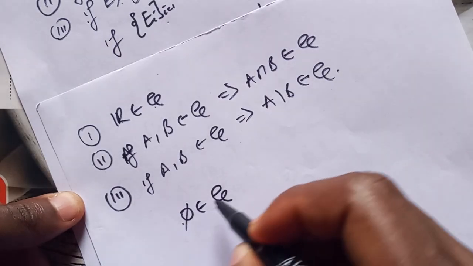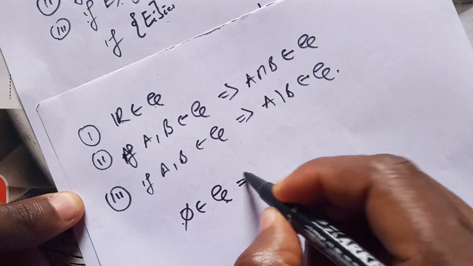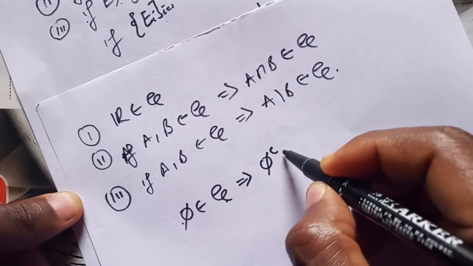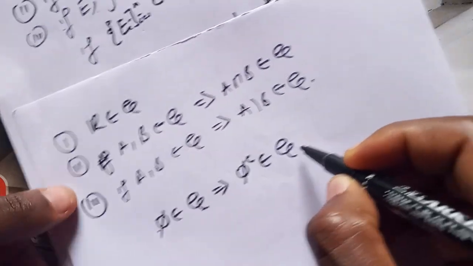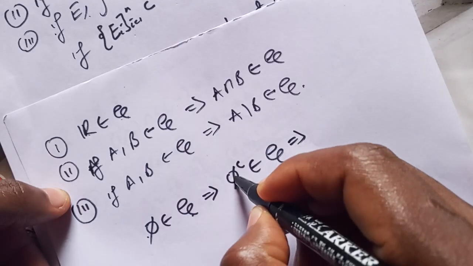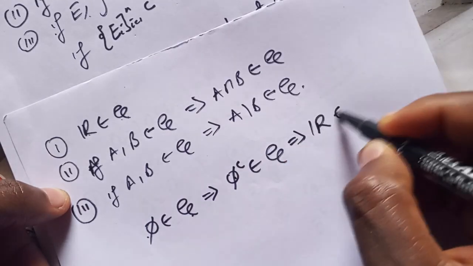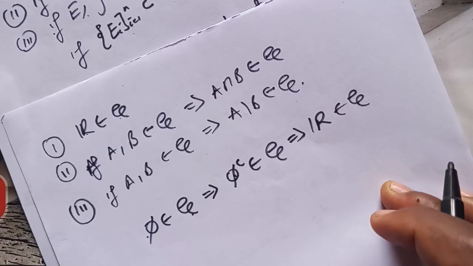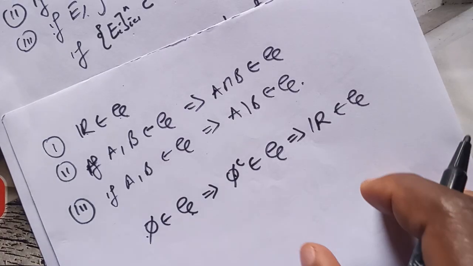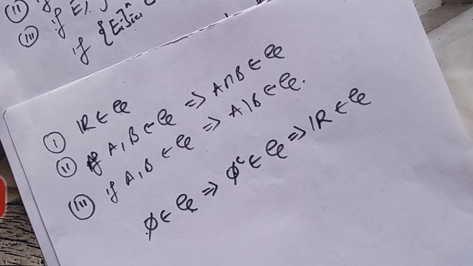Since the empty set is in the algebra, by definition too, the complement of the empty set must be in the algebra. So this implies that the complement of the empty set, R, is also in the algebra. So that is how we solve the first one.